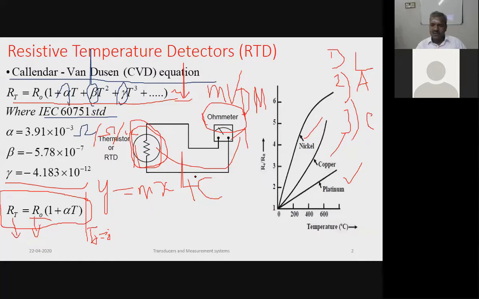So according to linearity, when compared with these 3, platinum is more linear, whereas nickel is highly sensitive. See, when compared with this slope, if you take a region up to this portion, nickel gives linear behavior, but it has a limited range of measurement.